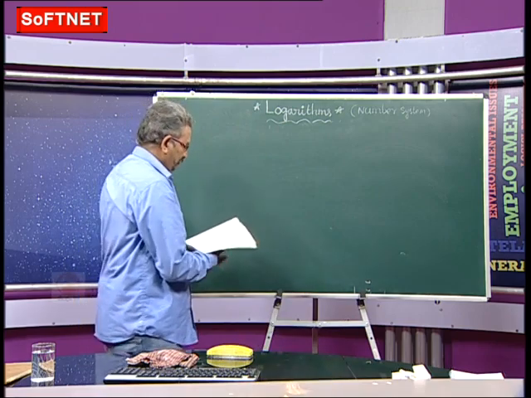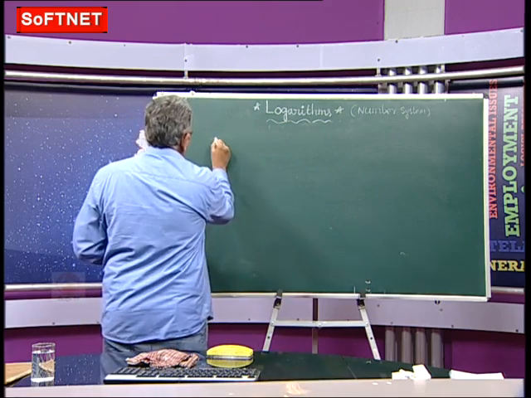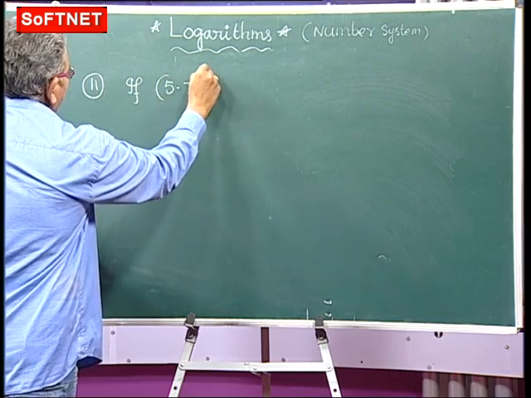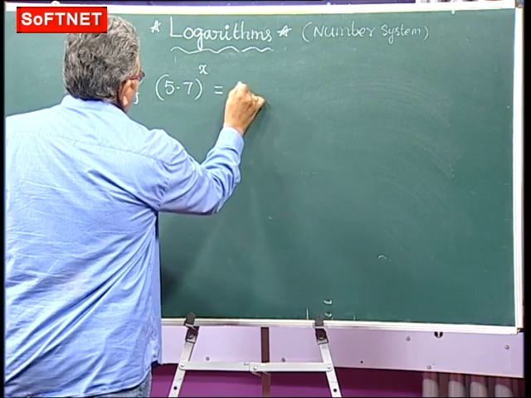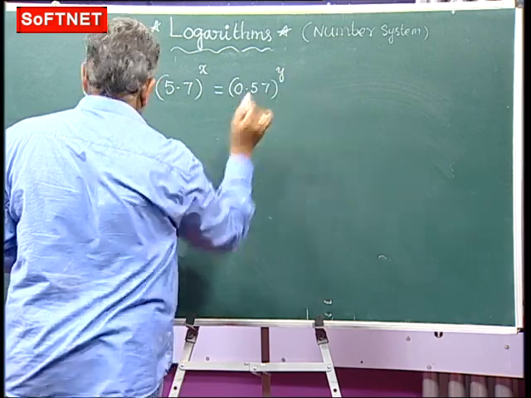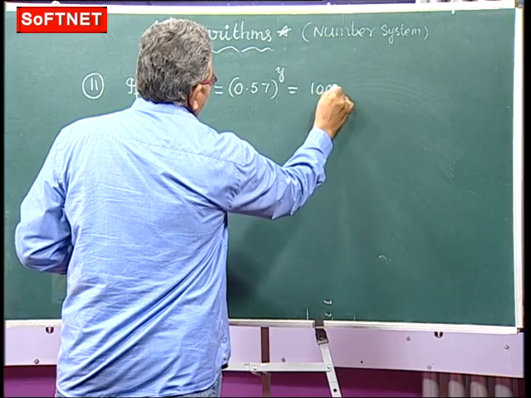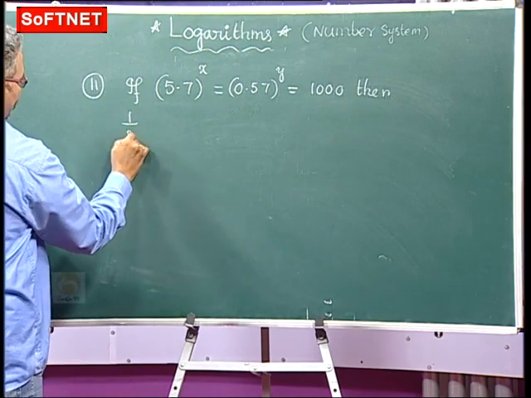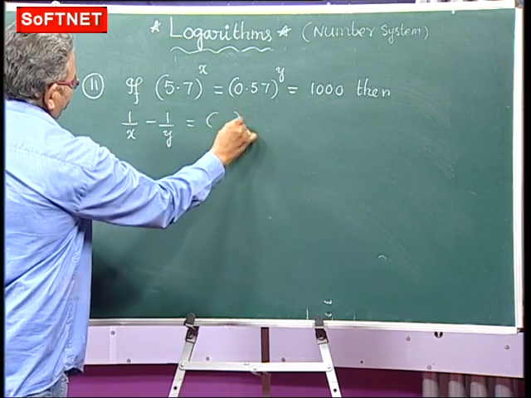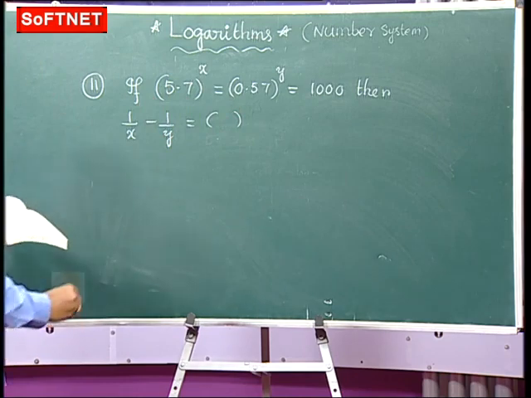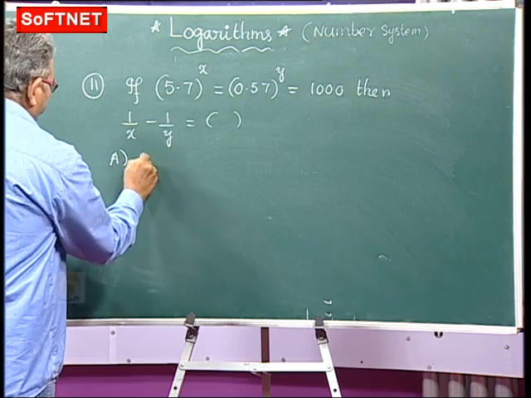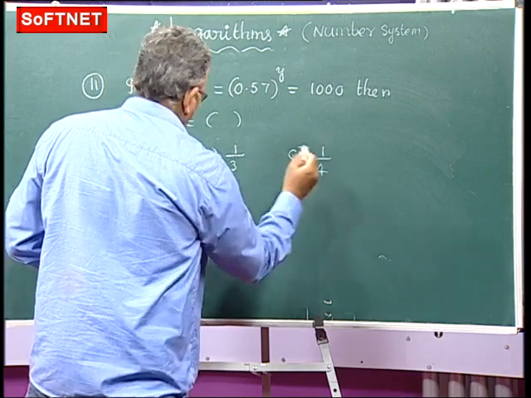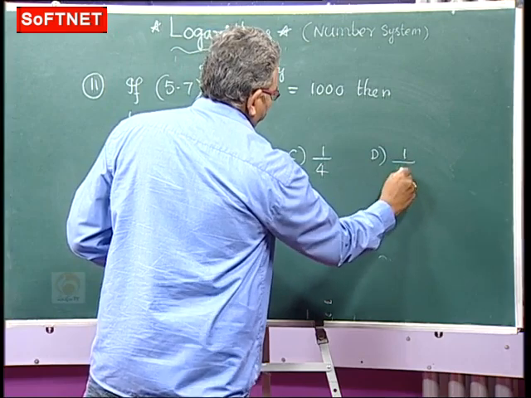Okay, next question. If 5.7 power x is equal to 0.57 power y is equal to 1000, then 1 by x minus 1 by y equals to: A) 3, B) 1 by 3, C) 1 by 4, D) 1 by 5.